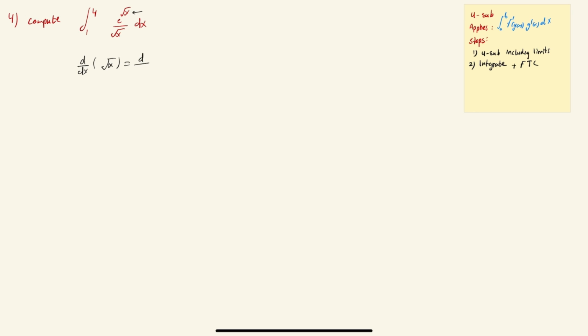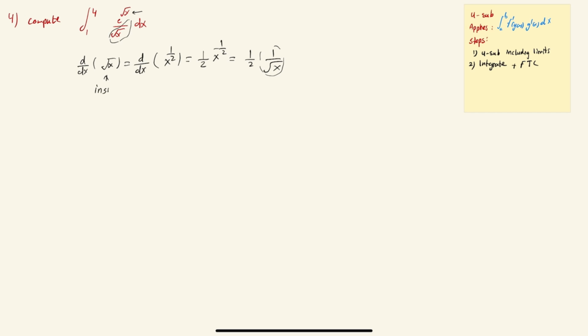The square root of x is just x to the power of half. The derivative is half x to the minus half, which equals half times 1 over square root of x. Notice that 1 over square root of x already exists in the function. Therefore, substitution works here.